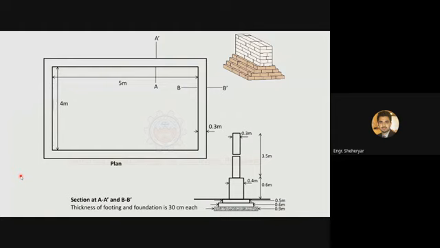The point number one in this method: you have to categorize the walls into two categories, long walls and short walls. I'm repeating, you have to categorize the walls into two categories. One type will be long wall and the other will be short wall.